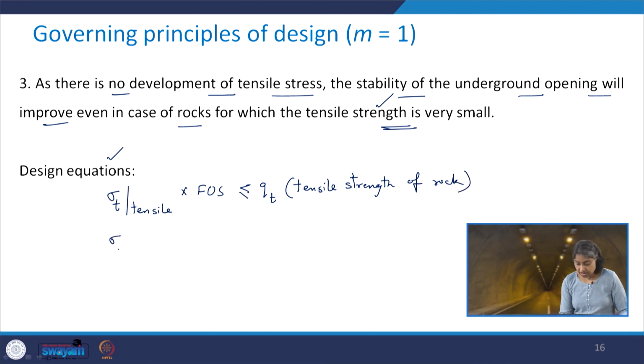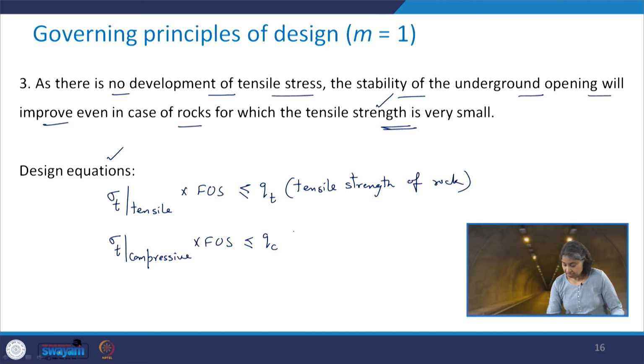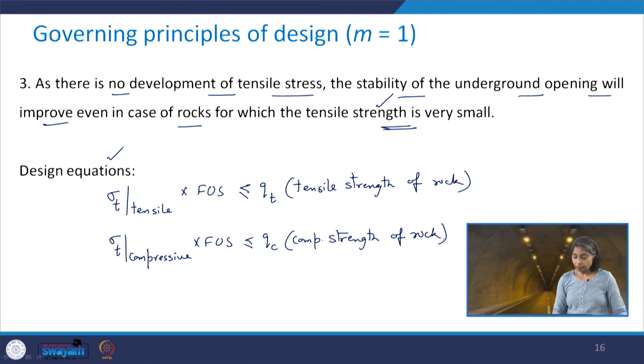Then sigma T compressive multiplied by factor of safety should be less than or equal to Q sub C, which is the compressive strength of the rock. So, these are going to be the design equations.